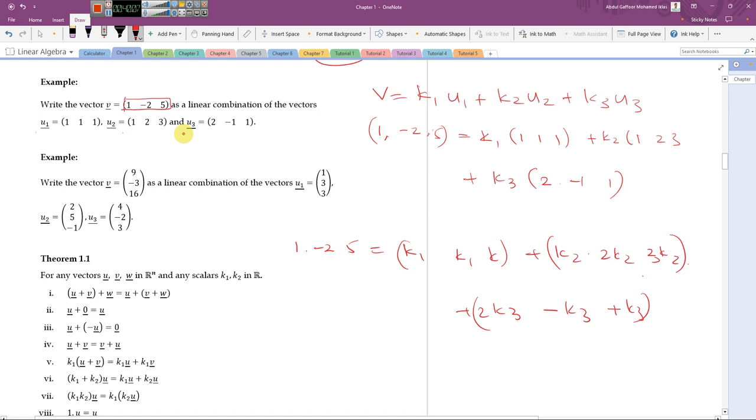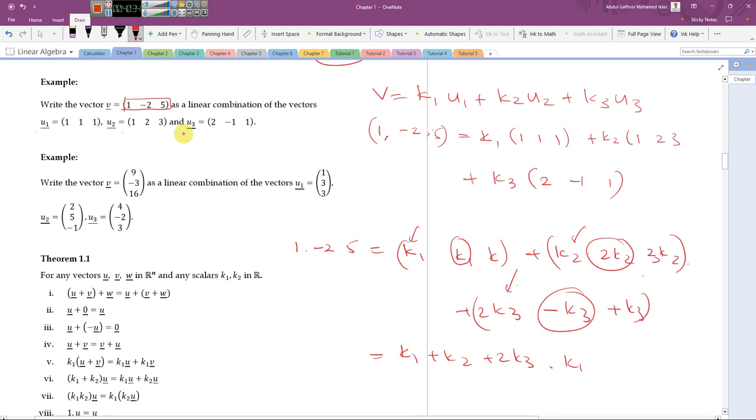Now I have to add the corresponding elements or corresponding components. So this is for x, this is for x, again this is for x. So k1 plus k2 plus 2k3, comma, the next one is y, this one, this one and this one.